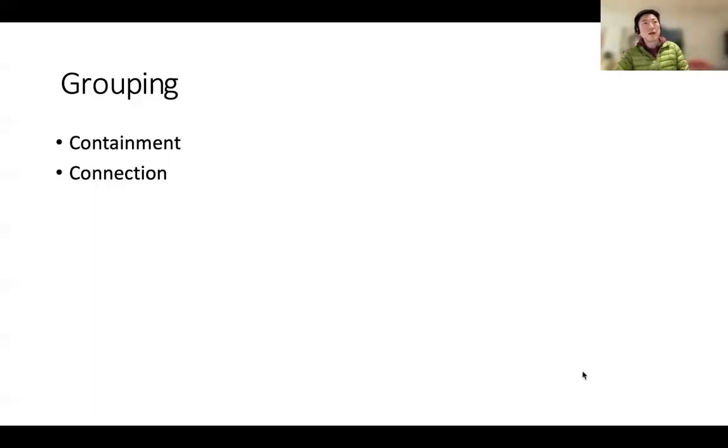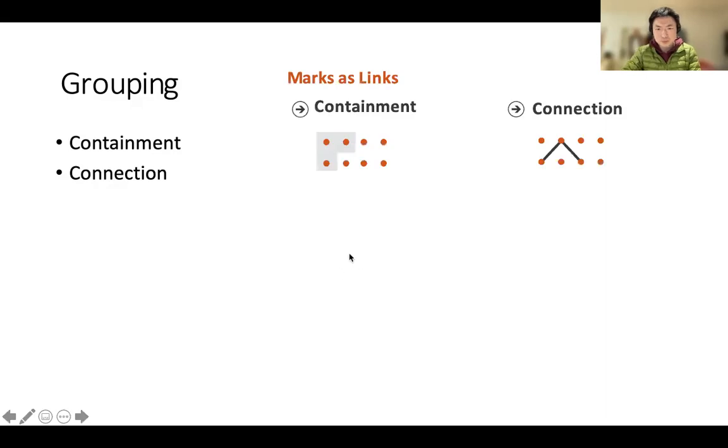Okay, and I'm back. There are different ways you can show this, and these are not exactly the channels that we've seen before. For example, you can use containment to show a grouping. So you can draw a shape like this, including everything that is in the same group. Or you can use lines to connect the points that are in the same group.